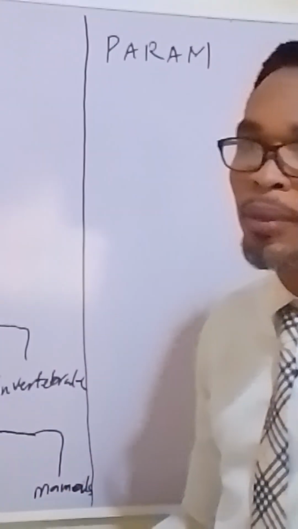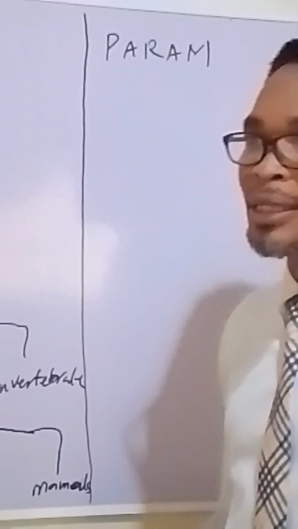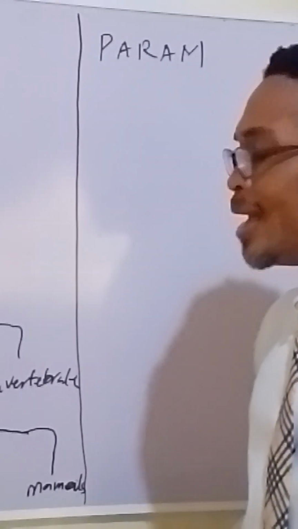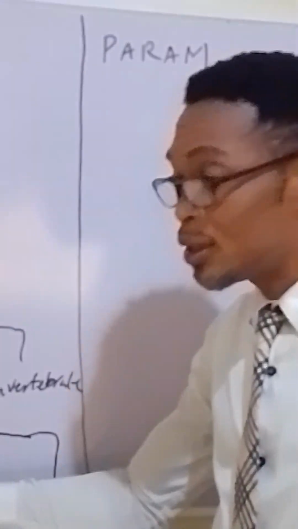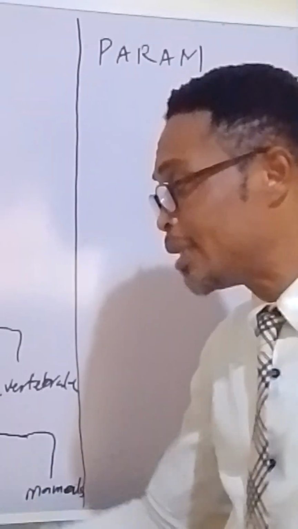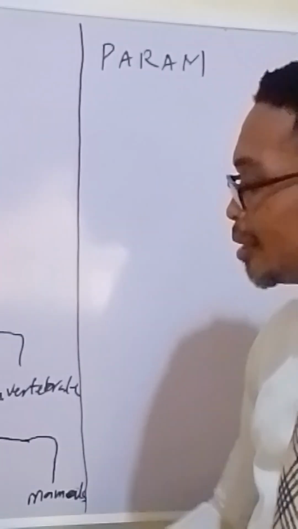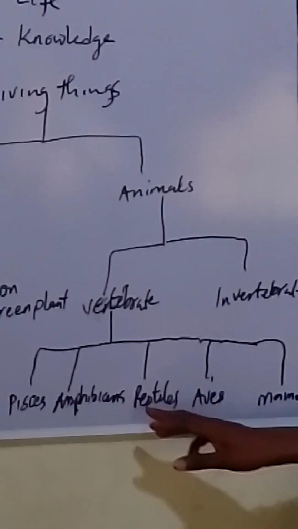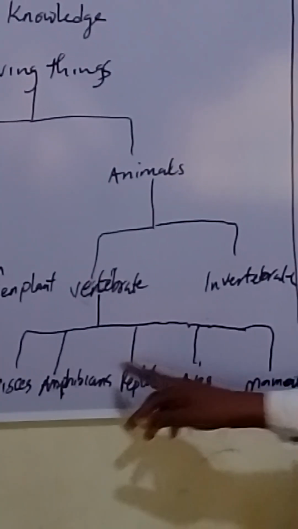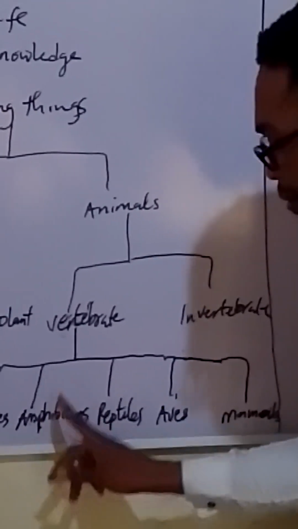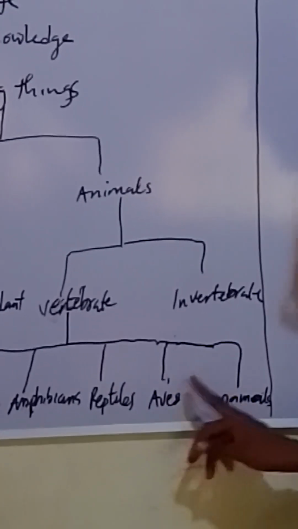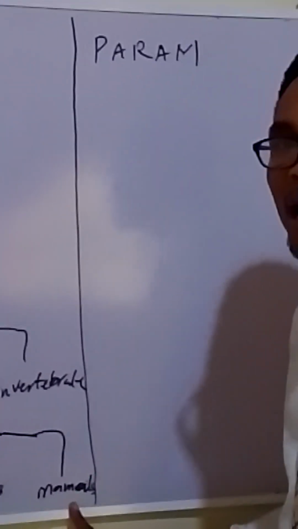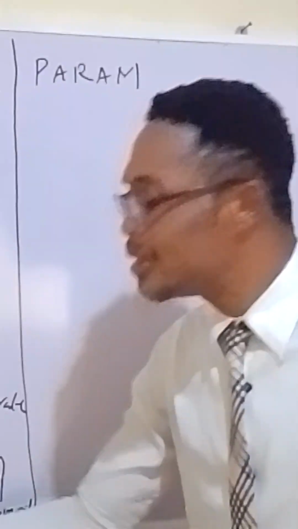Once you put an earthworm on a hook and put it inside a river where there is fish, you see the fish coming. The fish will not know that it's a trap. It will come to eat that and it will die. I'm not saying it's not intelligent, it's intelligent, but it's the least in intelligence, followed by amphibians, followed by reptiles, followed by the apes, and then mammals. The mammals are the most intelligent of these groups.